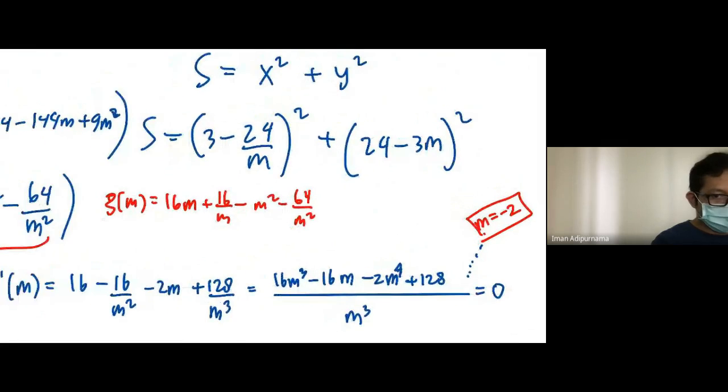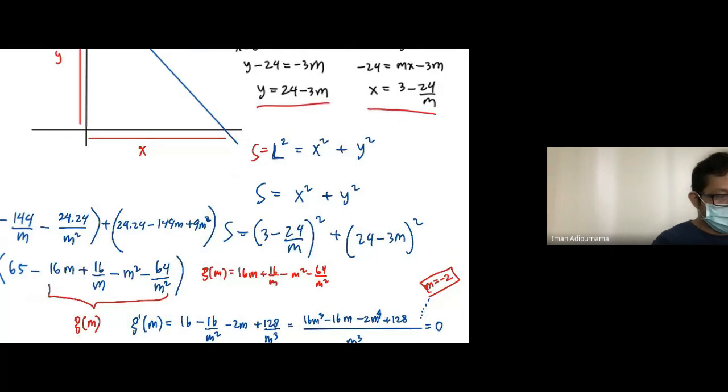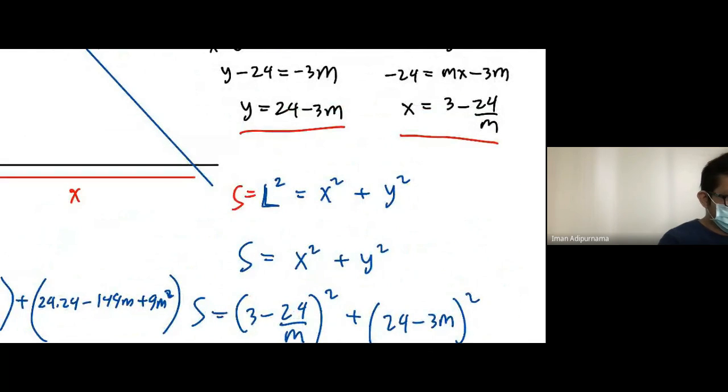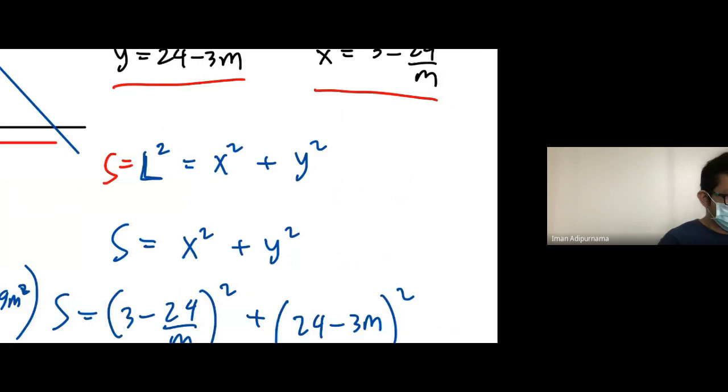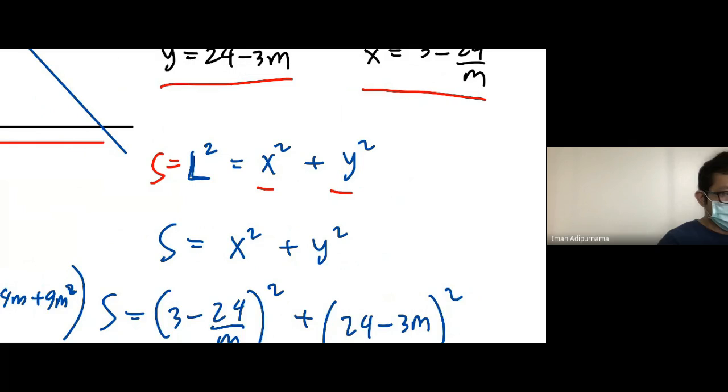And then you need to use that in our equation here. That is L: y minus 24. Or we can just use this equation here to find the shortest length.